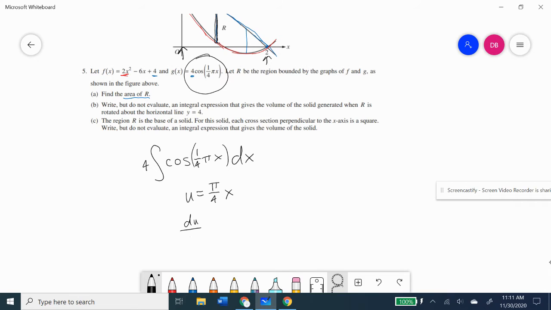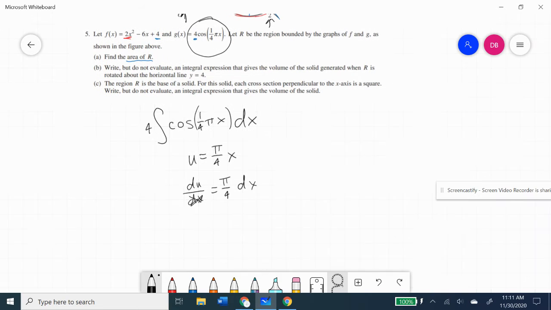The derivative of u with respect to x is the constant pi over 4. When you multiply the dx over to the other side, and then multiply both sides by 4 over pi, you can see what dx will be replaced with.